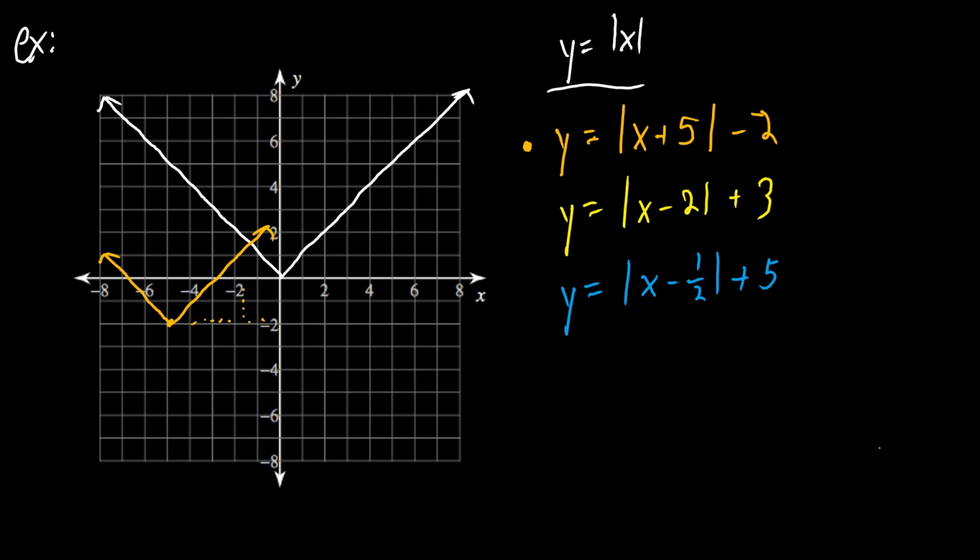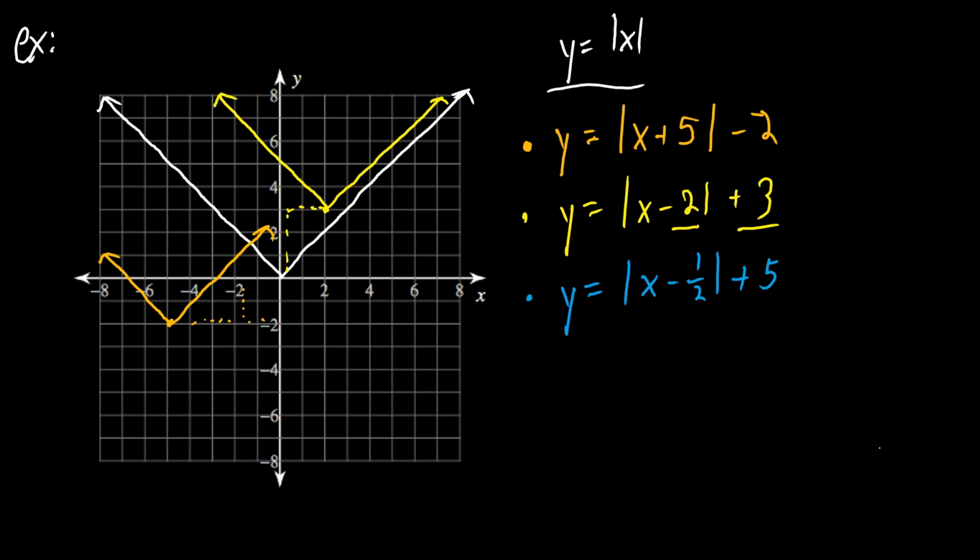Alright, let's go to this yellow one here. It's shifted up 3 and shifted to the right 2. So I'm going to go up 3 and to the right 2. That is where my vertex is. And graph the same behavior as other graphs.